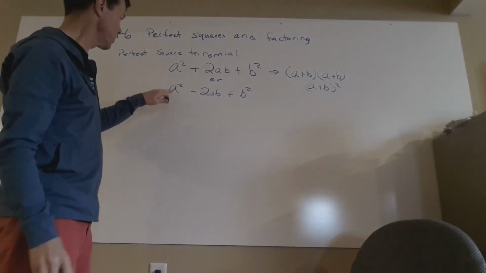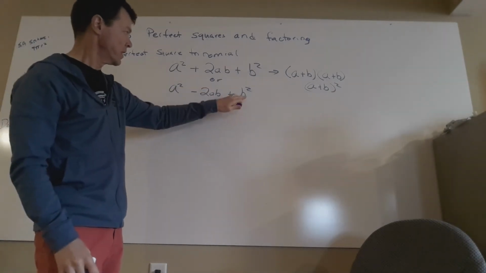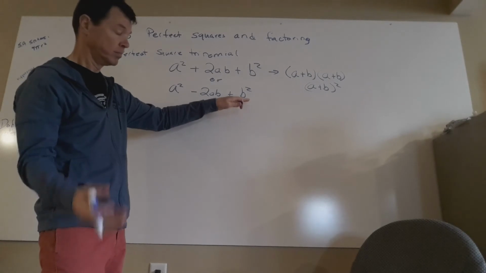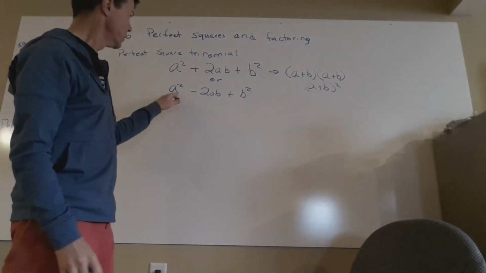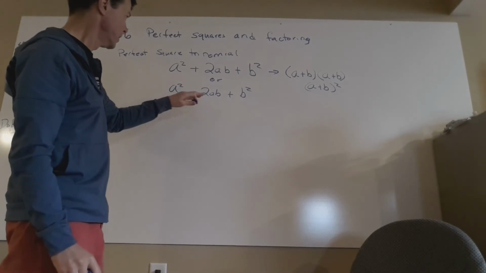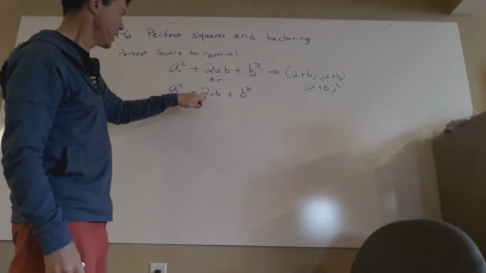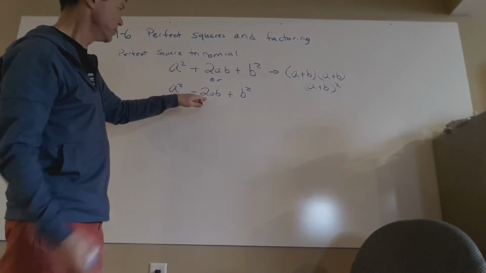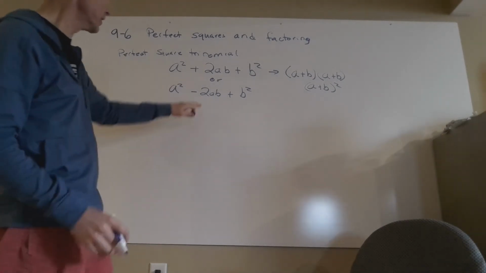If I take the square root of the first term, it's just a. The square root of b squared is just b. If I multiply those together, you get ab, and then multiply it by 2. If you end up with this middle term, then again it's a perfect square.